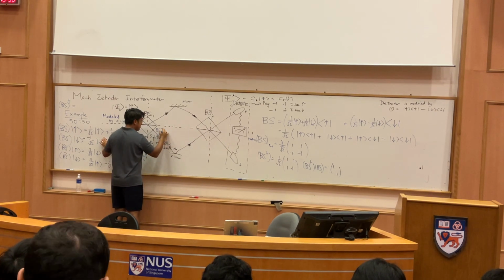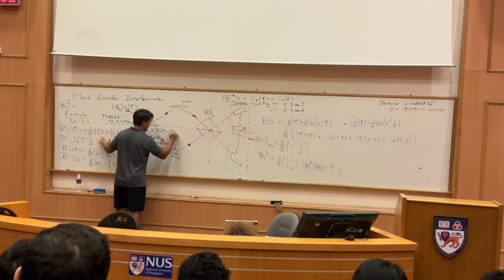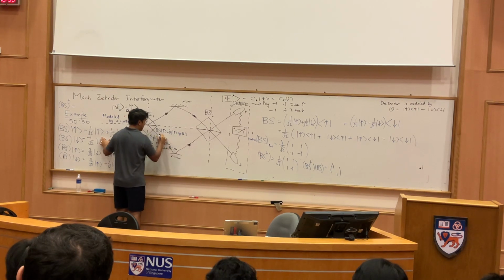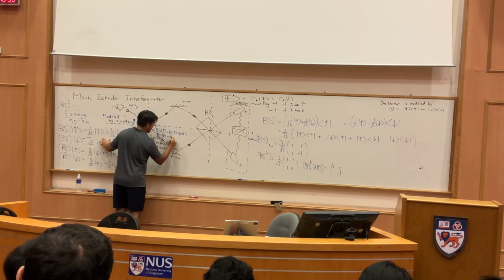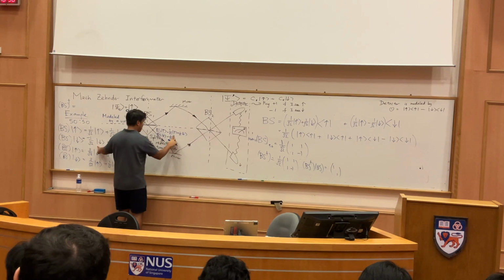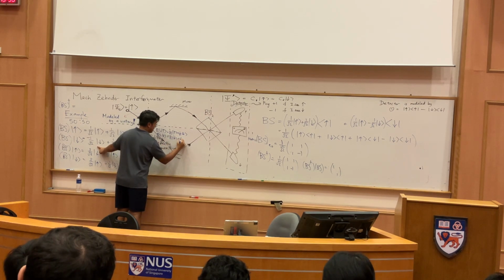So this beam splitter is modeled by sending up and getting up plus down, and beam splitter down is modeled by 1/√2 (down minus up)... plus 1/√2 up. Okay.